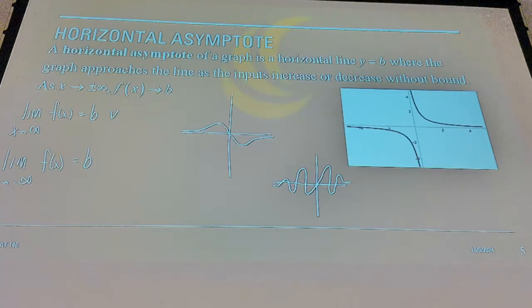It can also have two different horizontal asymptotes. Right, whatever those two lines happen to be, they're both horizontal asymptotes.